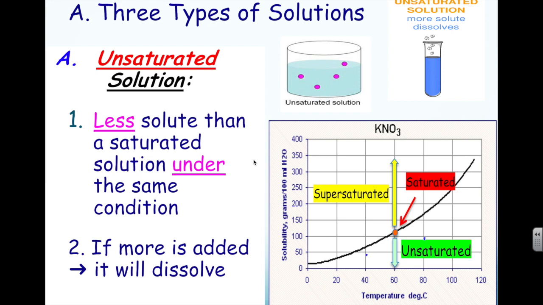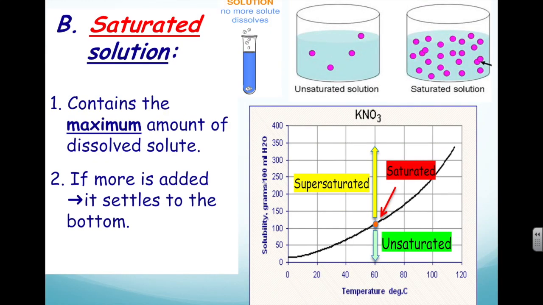An unsaturated solution has less solute than a saturated solution, and exists in the bottom part of the curve. So that means I can add more solute and it will still dissolve. A saturated solution means it has the maximum amount. If I add more solute to it, it will not dissolve and it will just exist as a solid.